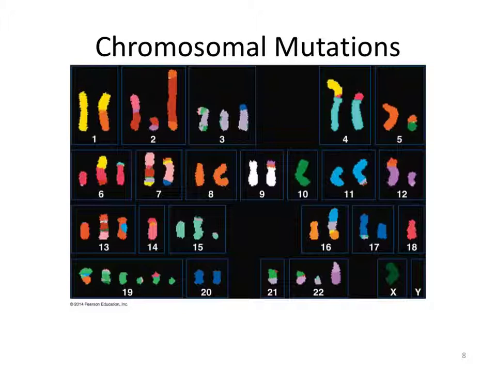If this was a normal, healthy human cell, what you would see would be 23 matched chromosomes. If it was from a female individual, you would see identical XXs. If it was a male, you would see one X and then a much shorter, smaller Y chromosome. So they wouldn't be matched, but all the other chromosomes would be matched with regards to length.